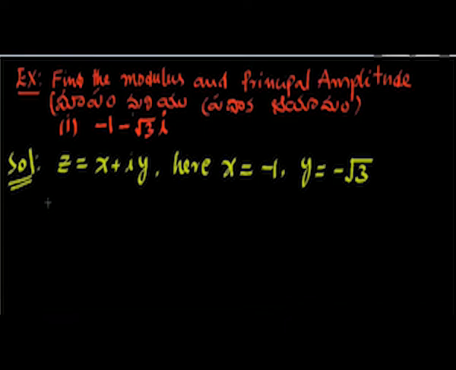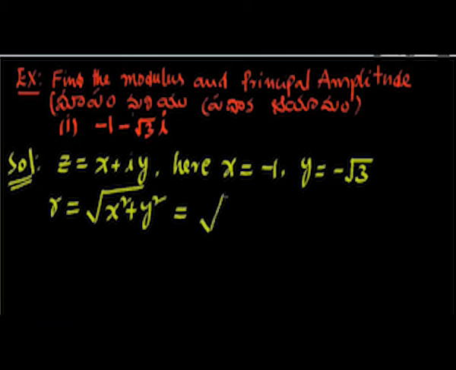Let us find the modulus. Modulus is nothing but r, and sometimes we call it mod z and r. So now let us consider it as r. R is nothing but under root x square plus y square, that is equal to under root of -1 square plus minus root 3 square.